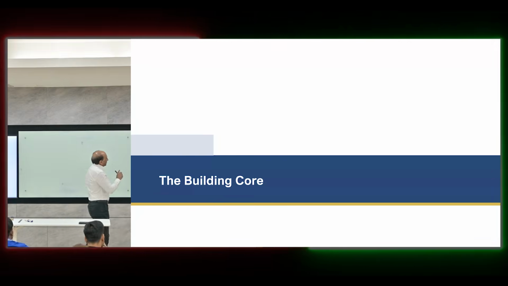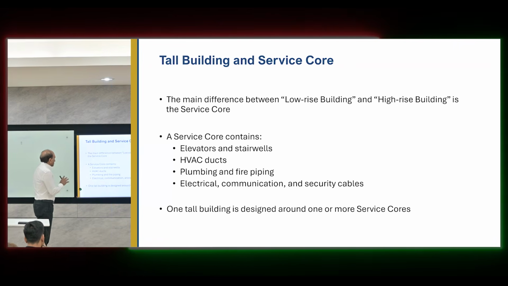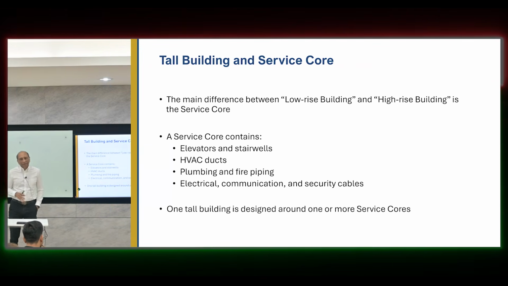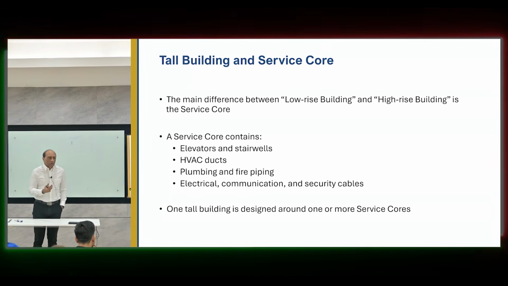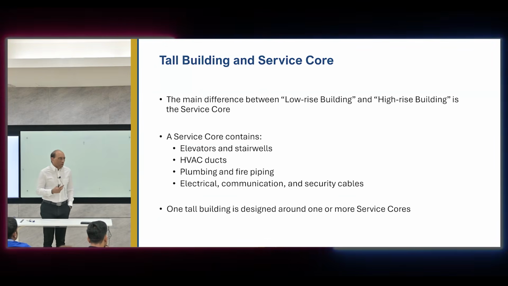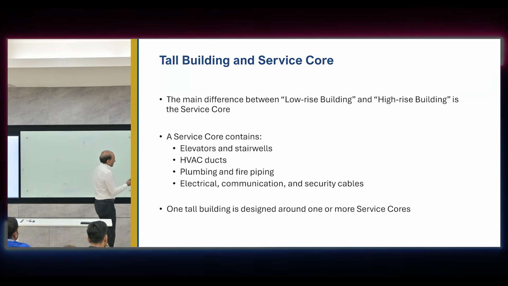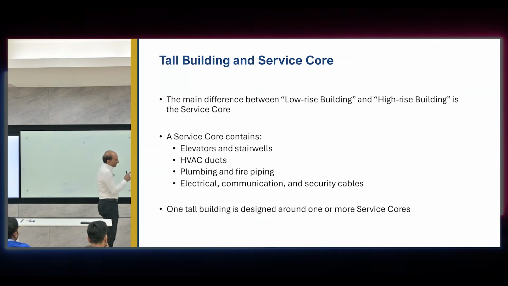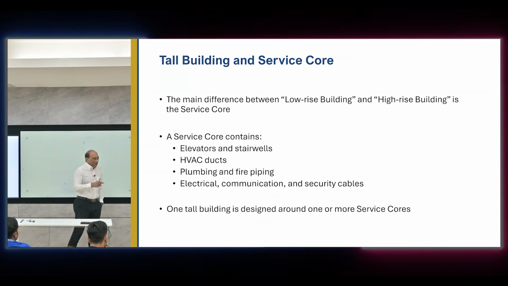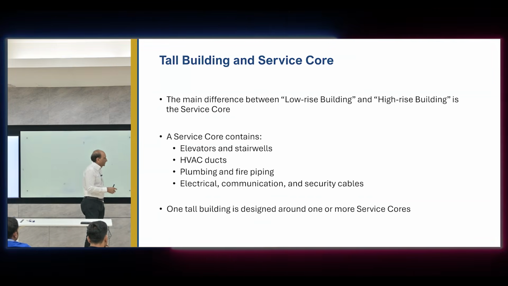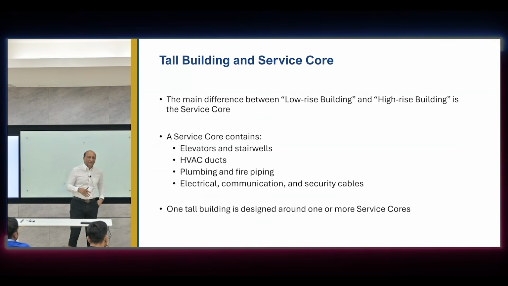The main difference between low rise and high rise, I mentioned too, is a service core. They call it service core, but we also call it structural core, or the core of the structural system. It contains elevators and stairwells, heating, ventilation, and air conditioning ducts, plumbing and fire piping, electrical communication, security, and everything.